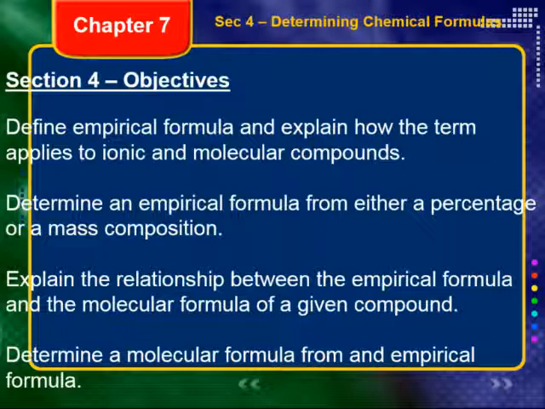Mass composition, you'll simply turn that into a percent composition and then use the exact same procedure. Explain the relationship between the empirical formula and the molecular formula of a given compound. So once you establish the empirical formula or are given the empirical formula, you should be able to figure out the molecular formula. And then lastly, determine a molecular formula from an empirical formula.